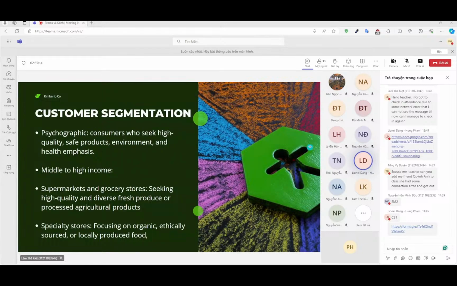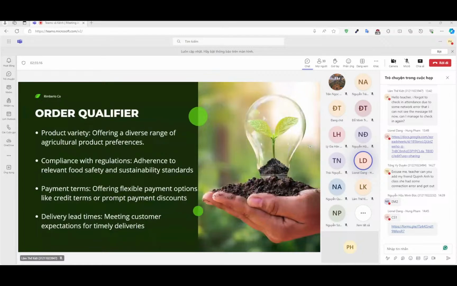From the next slide, there is some improvement that you can take on. For the qualifiers, here I see all the qualifiers. There's no S. All the qualifiers need to be plural, so there should be an S behind. And then you go on to say the product variety, compliance, payment terms, delivery lead times.